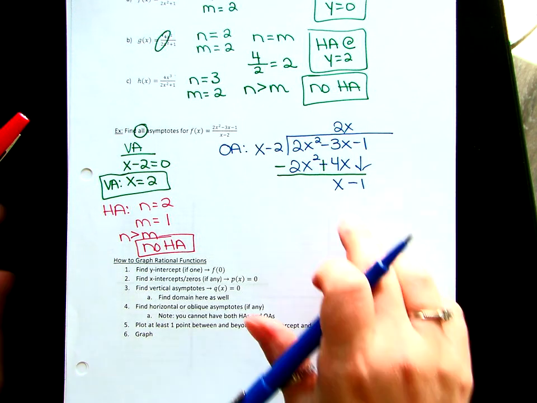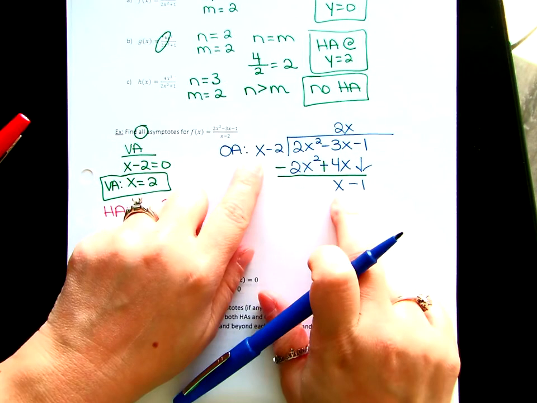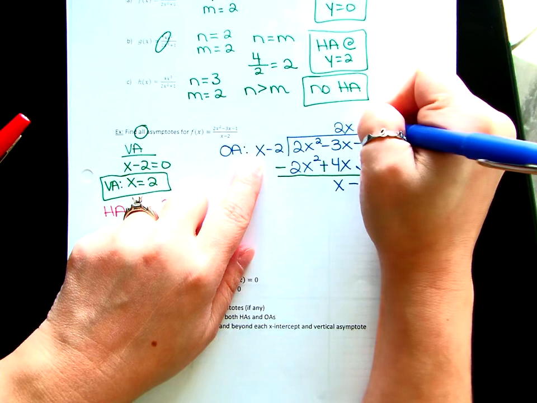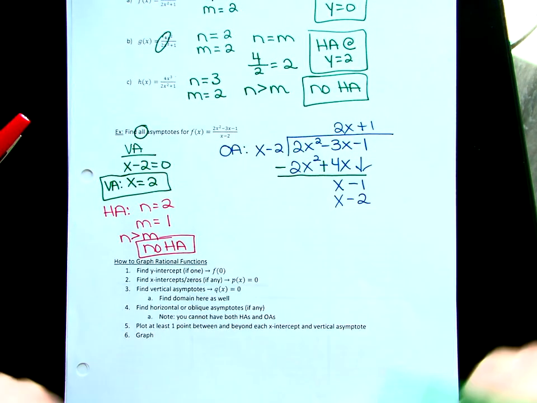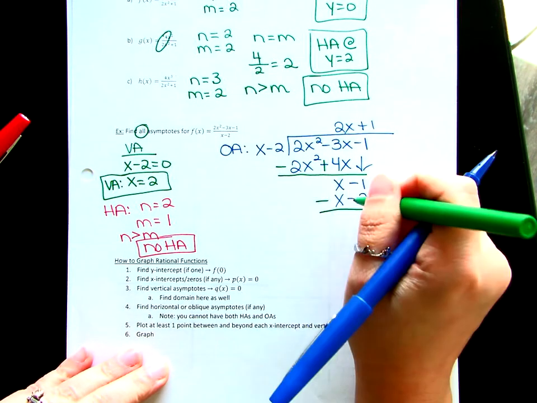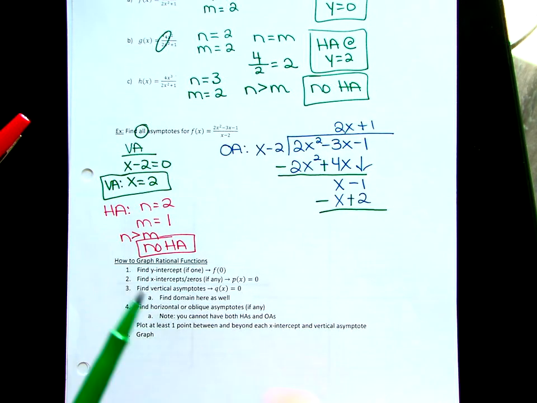What do I multiply x by to get x? 1. So I have x minus 2. I draw my line, I change my sign, and I'm left with 1 remainder.